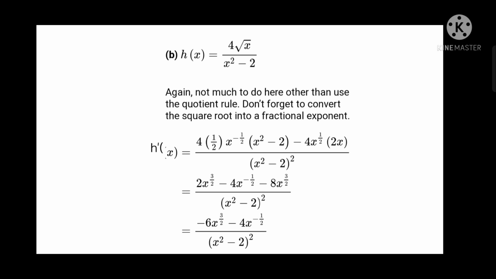So h prime of x equals 4 times 1/2 x to the power of negative 1/2, since it is a square root, times (x squared minus 2), minus 4x to the power of 1/2 times 2x, over (x squared minus 2) squared. So it is equal to 2x to the power of 3/2 minus 4x to the power of negative 1/2 minus 8x to the power of 3/2, over (x squared minus 2) squared, which is equal to negative 6x to the power of 3/2 minus 4x to the power of negative 1/2 over (x squared minus 2) squared.